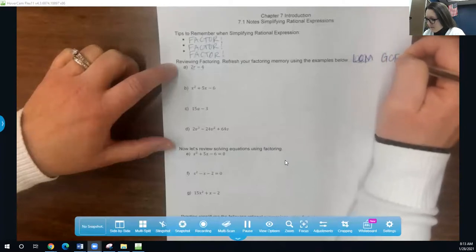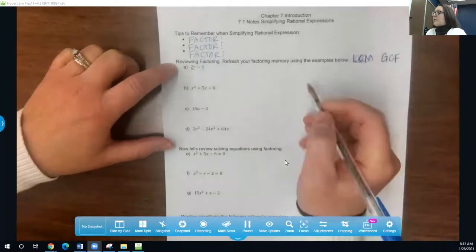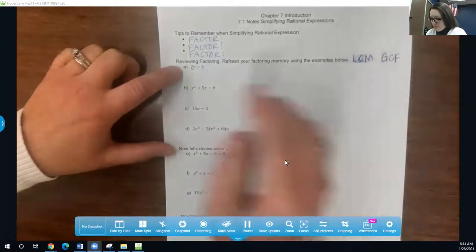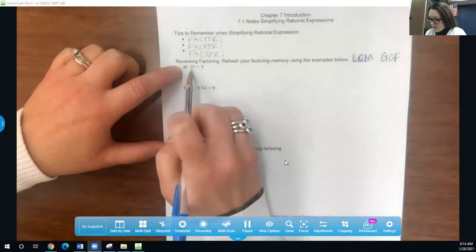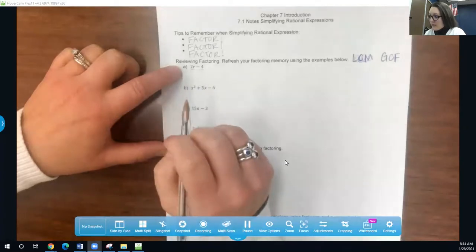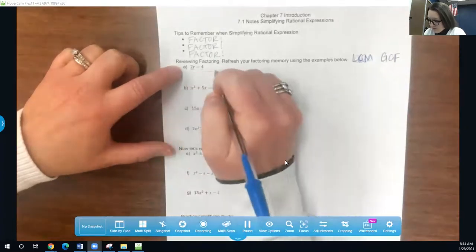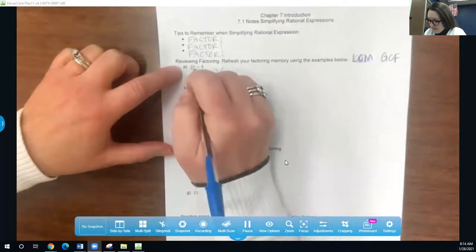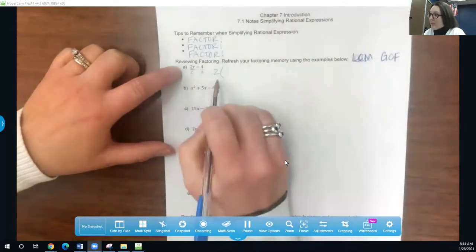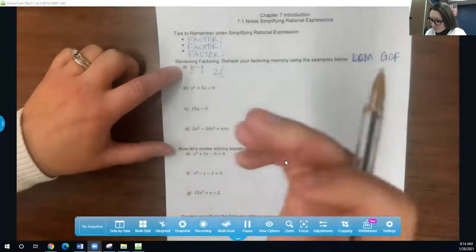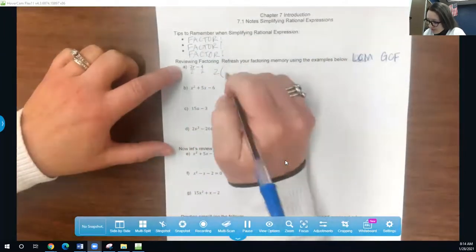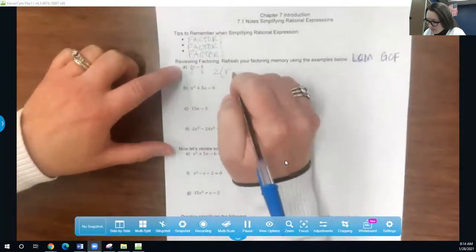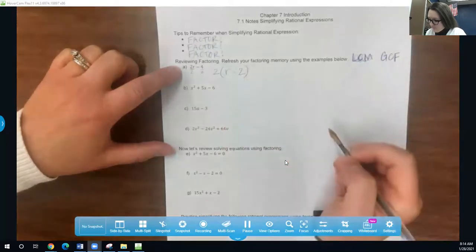Let me get my acronyms correct here. So in 2r minus 4, what's my greatest common factor that goes into 2 and 4? It is 2. So I'm going to factor out, like dividing by 2, right? That's what that means, the opposite of distribution. So I'm going to pull out that 2. When I divide by 2, I get an r minus 2, right?